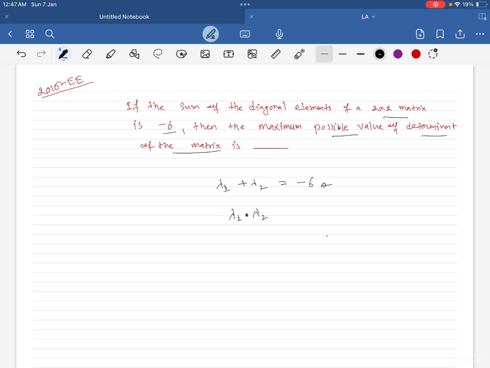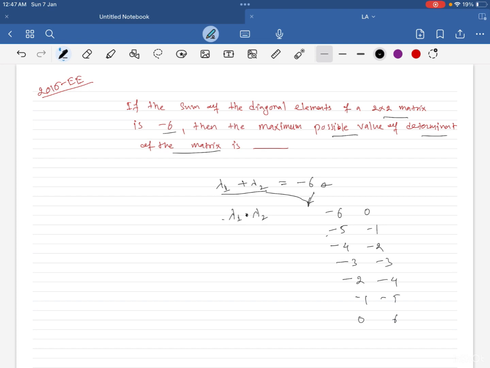So we can take lambda 1 maybe minus 6, lambda 2 as 0, or maybe minus 5 and minus 1, minus 4 and minus 2, minus 3 and minus 3, minus 2 and minus 4, minus 1 and minus 5, or 0 and minus 6.